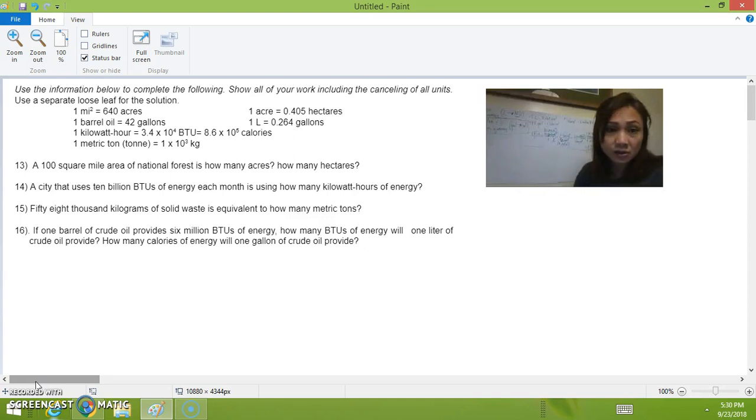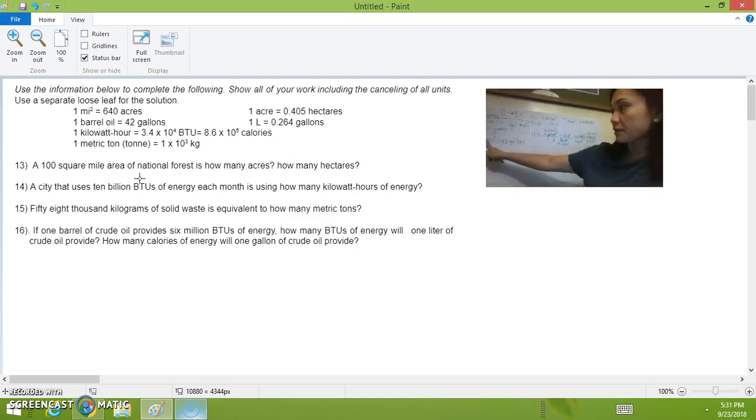On the list of conversions on your screen, since you're given the gallon unit, you need to use 42 gallons is to 1 barrel. So I'm going to write down the possible units here. 1 barrel is equal to 42 gallons.